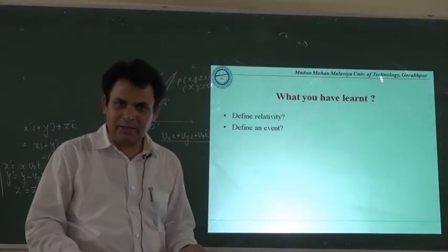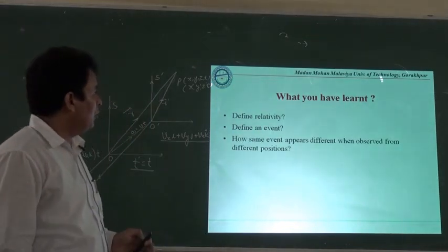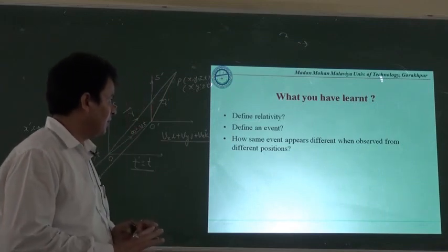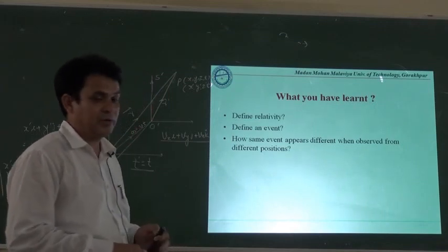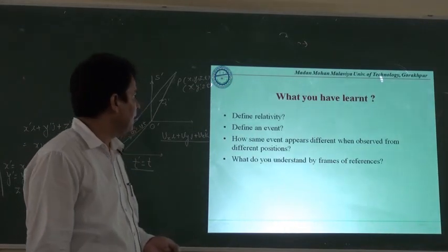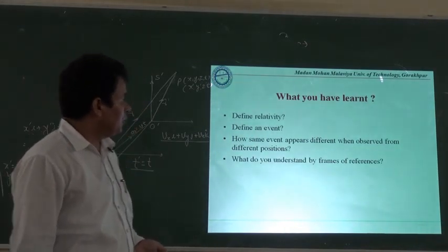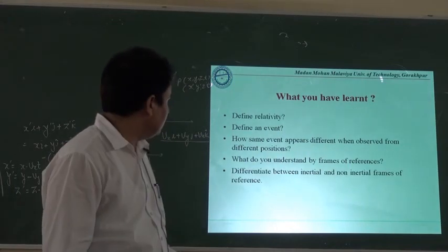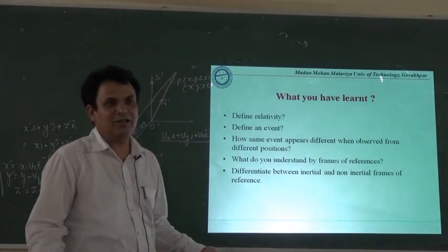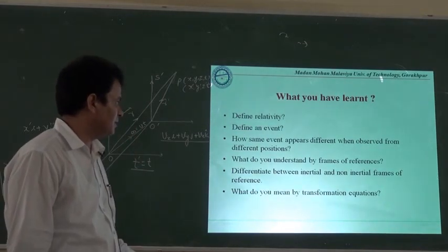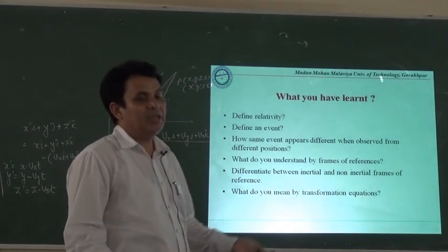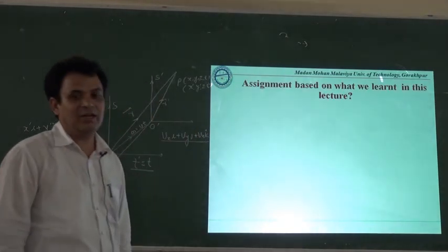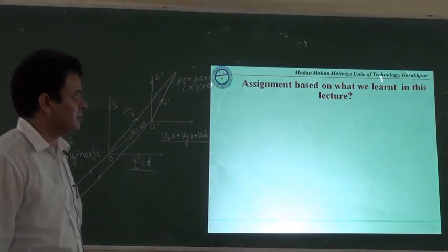We can define what an event is, how the same event appears different when observed from different positions, what we understand by a frame of reference, what the differences are between inertial and non-inertial frames of reference, and what we understand by a transformation equation, as well as the Galilean transformation equation.